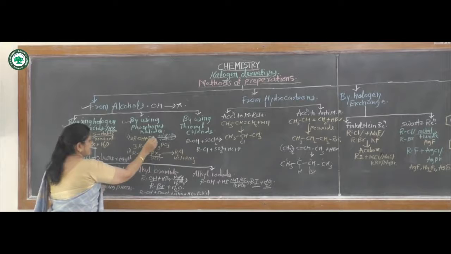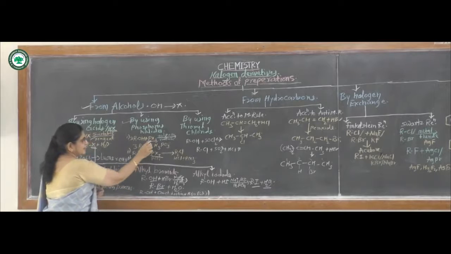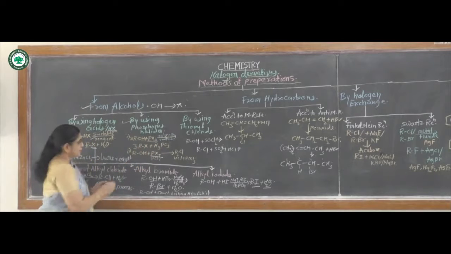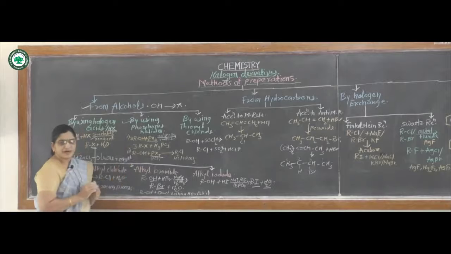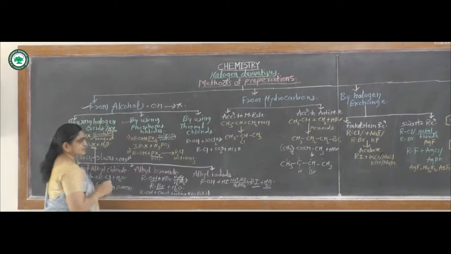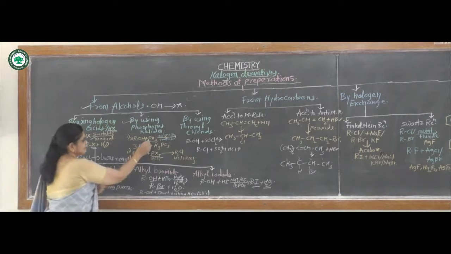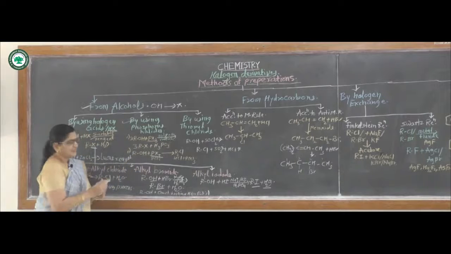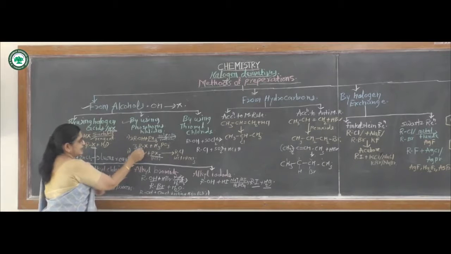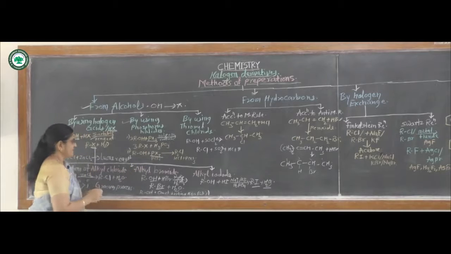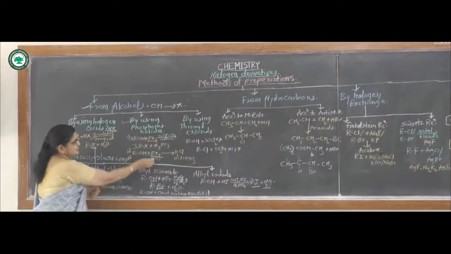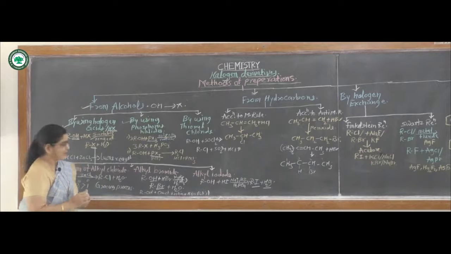In place of X, if it is Br, it becomes phosphorus tribromide and gives alkyl bromide. If it is iodine, it becomes phosphorus triiodide and gives alkyl iodide plus phosphorus acid.